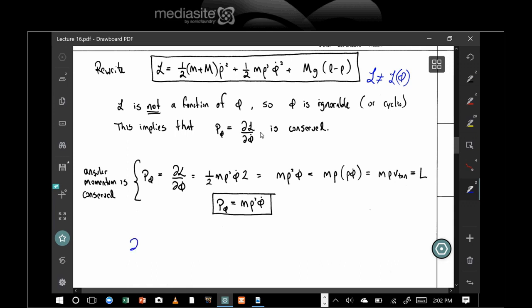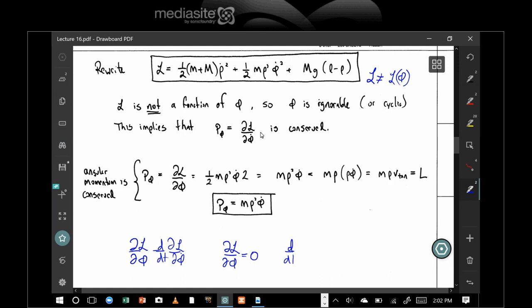Remember, if I write down the Lagrange equation in general for phi, and then d/dt of this, because the Lagrangian is not an explicit function of phi, this is equal to 0.